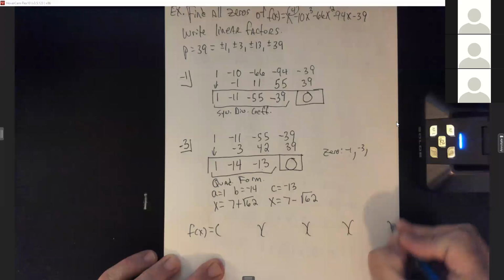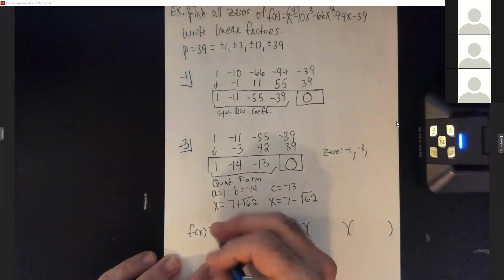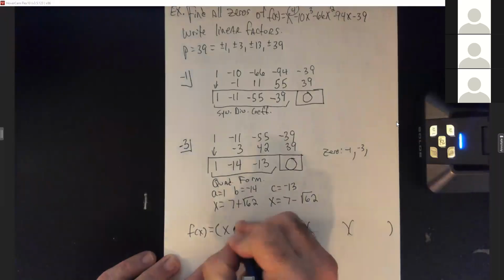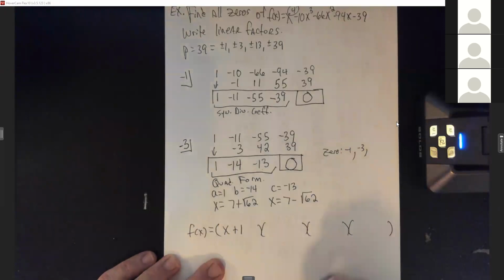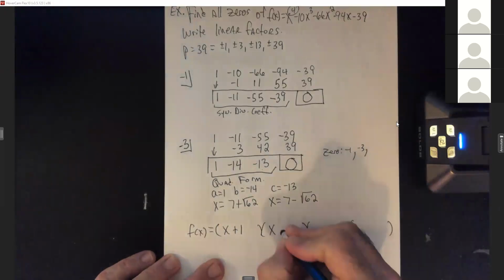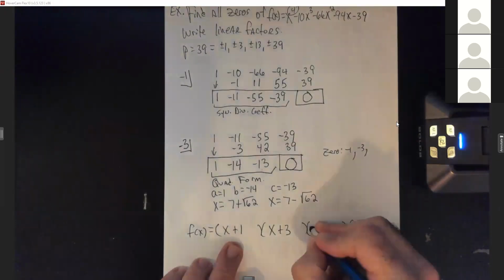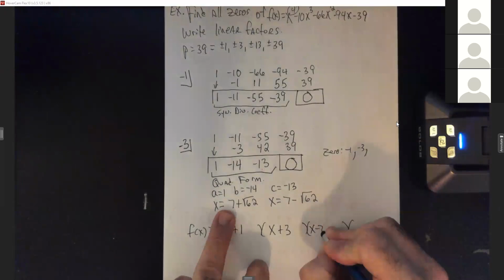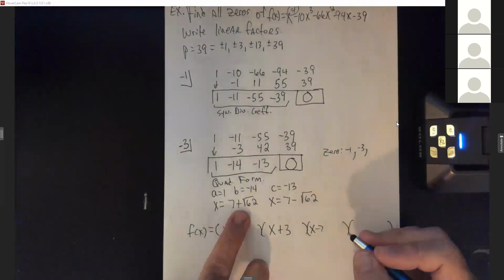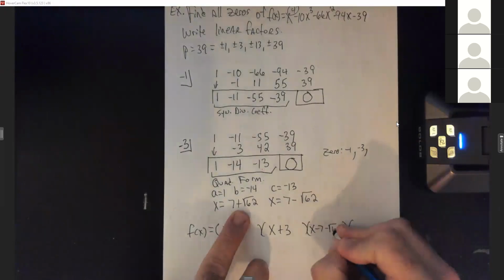All right, so remember, I'm going to start with this one. Since that's a -1, this will become a +1. Since that's a -3, this will become a +3. So I'm just changing signs. So watch this. That 7's positive, it becomes negative. That radical's positive, it becomes negative.